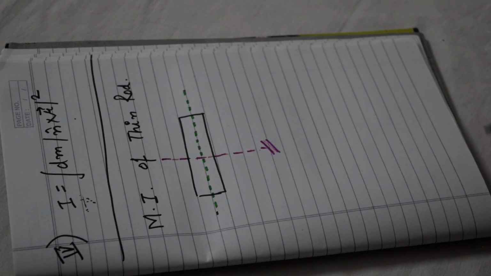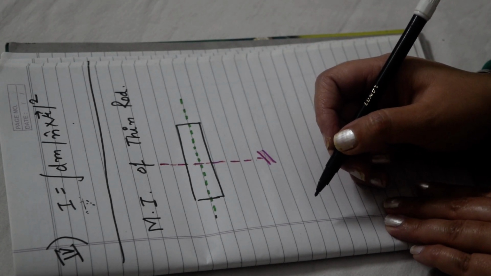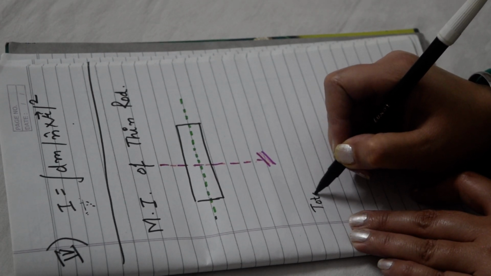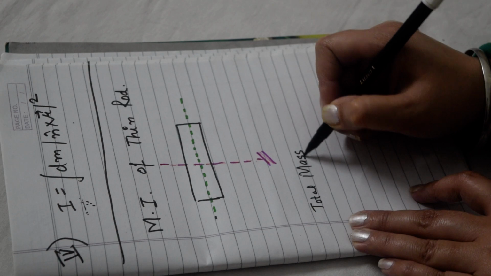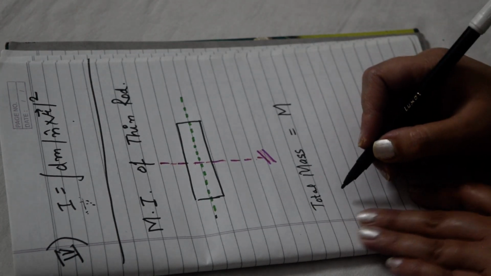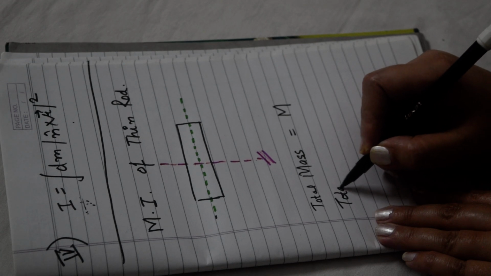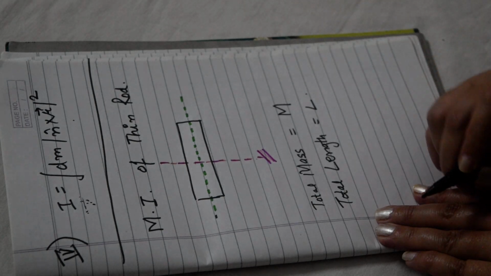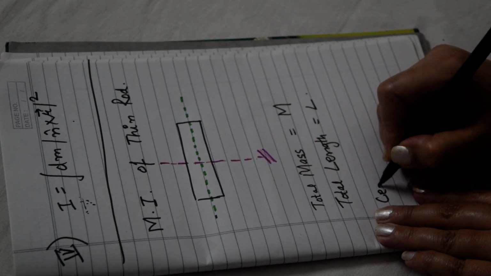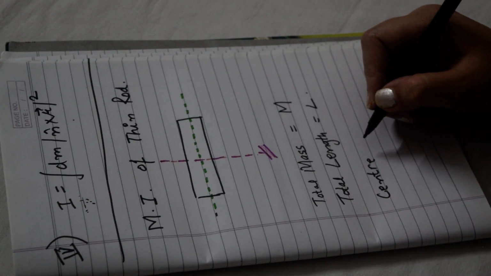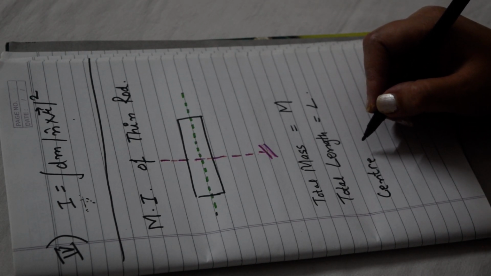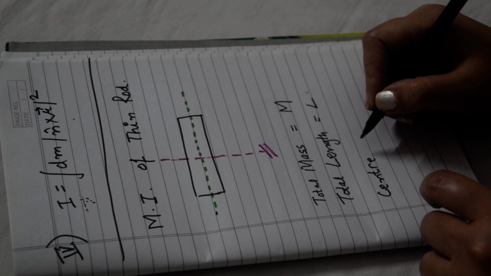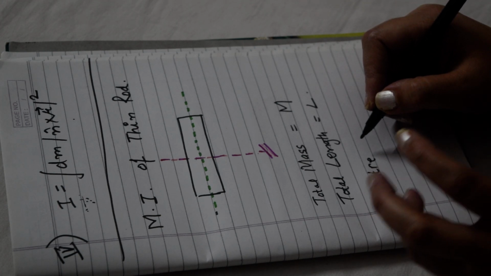So studying the moment of inertia in this case, I consider a rod of total mass m and total length L. I choose the center as the origin. Choosing the origin is very important because your origin will define the position vector and ultimately where your mass element lies.